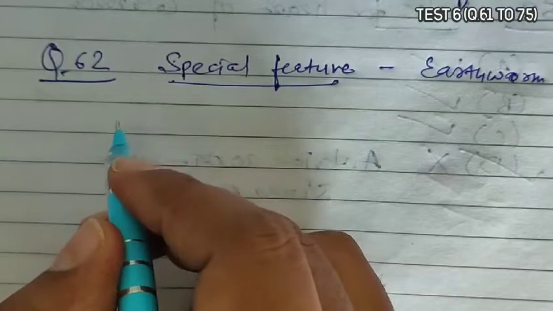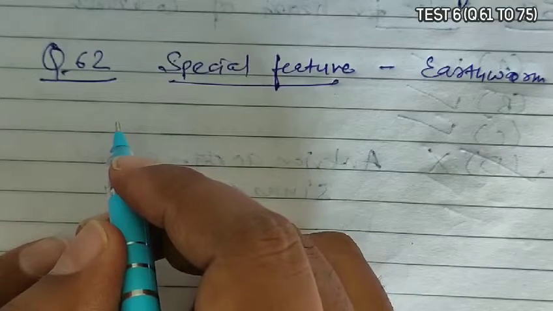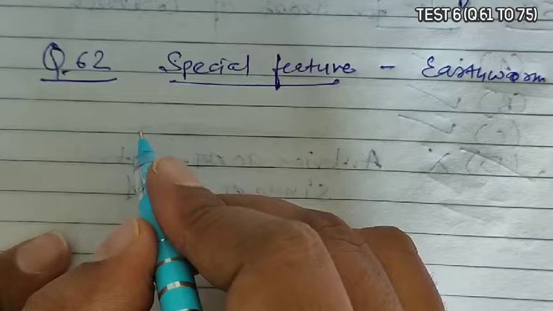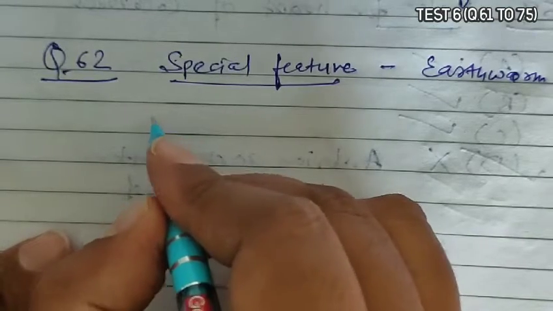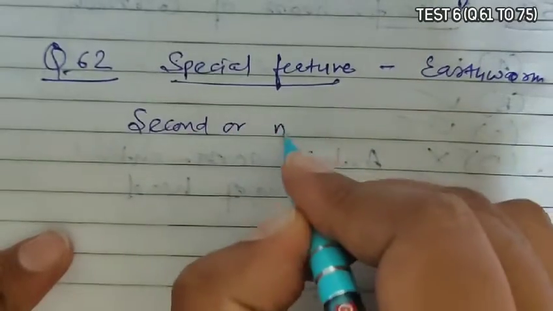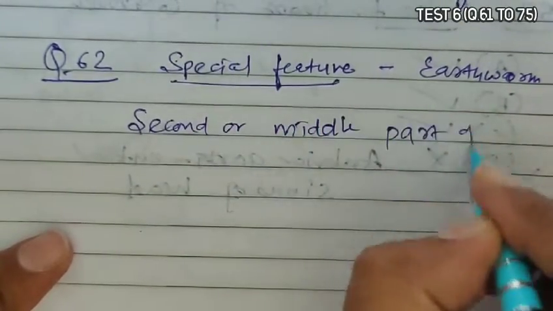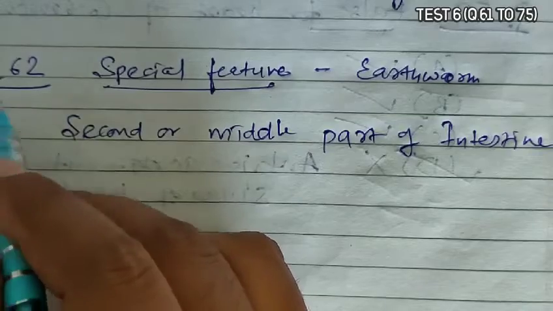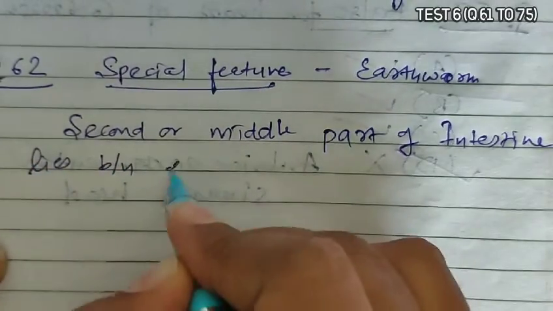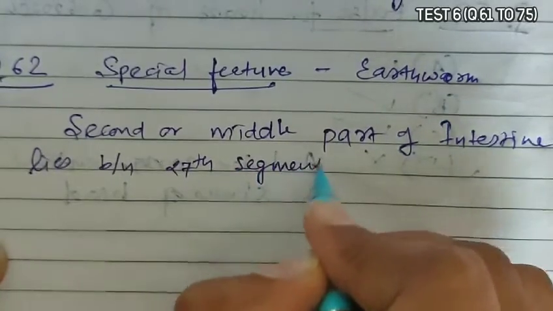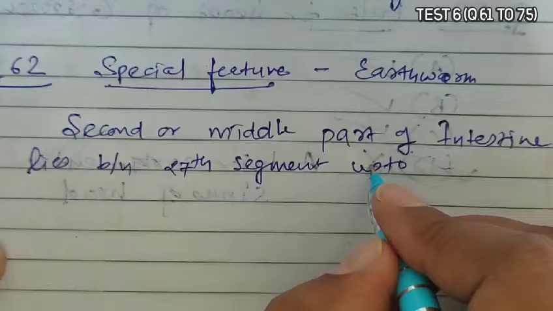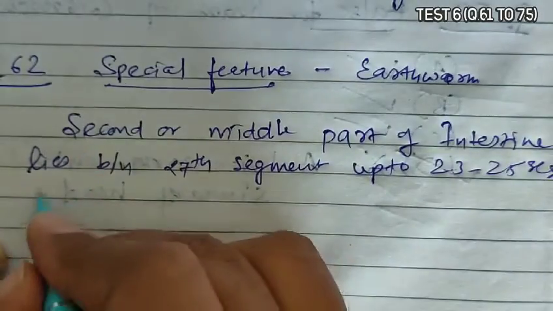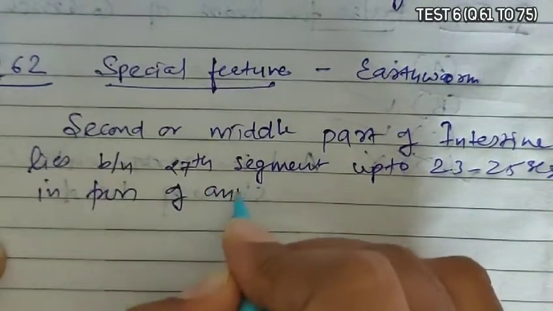In Pheretima, the second or middle part of the intestine lies between the 27th segment and up to the 23rd to 25th segment in front of the anus.